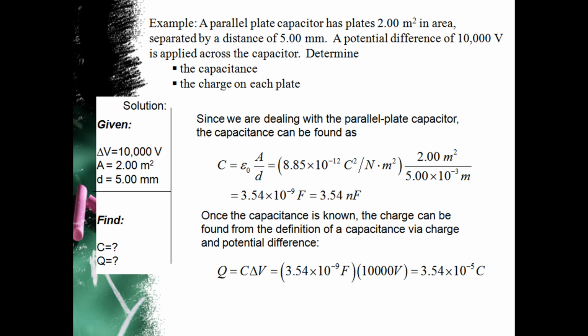So the given was a voltage of 10,000 volts, the area of each plate is 2.00 meters squared, and the distance is 5.00 millimeter. Since we are dealing with a parallel plate capacitor, the capacitance can be found as follows.